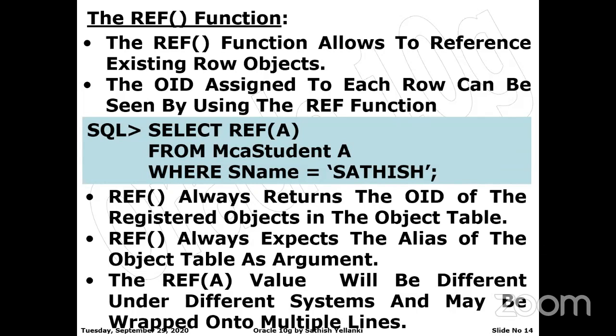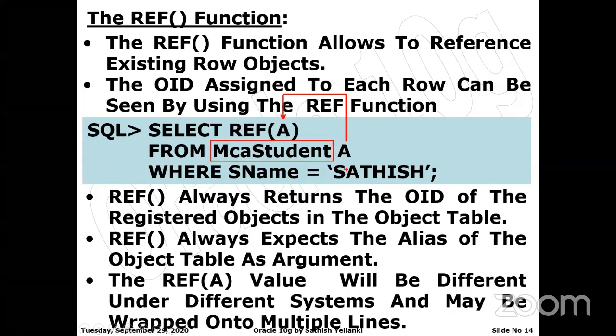There are certain requirements that your ref function expects. First thing is, the ref function can only operate on object tables and can only return the object IDs of object records. So you should always catch one particular point. Whenever you call the ref function, it always expects, be very clear, the alias of the object table that is declared in your from clause.